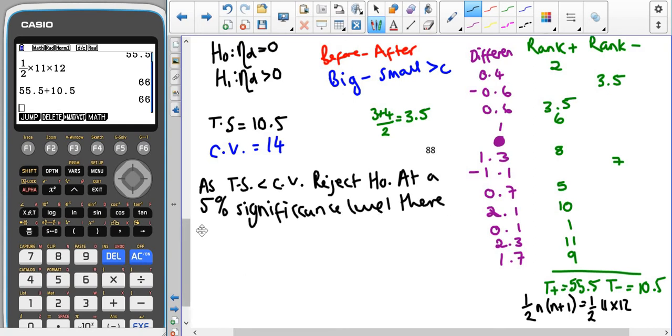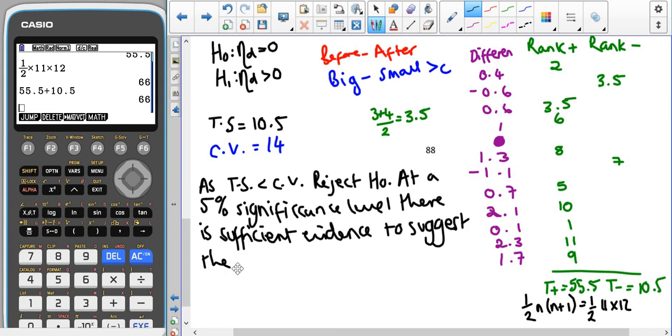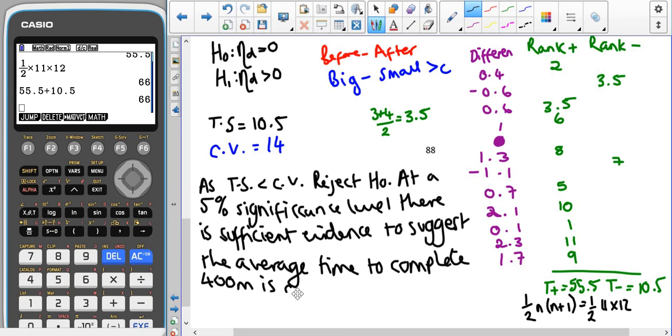There is sufficient evidence to suggest the average time to complete the 400 meters is quicker after the training than before.